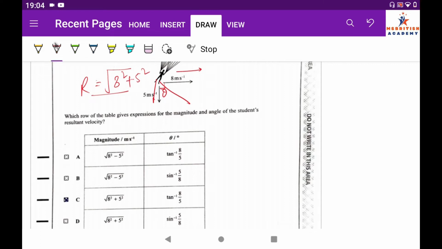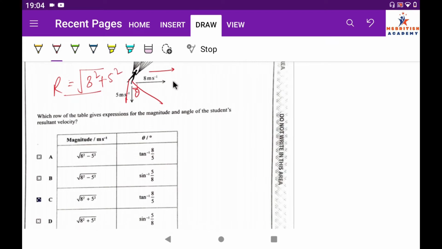This is our resultant, and for direction we can use tan theta. Tan theta is going to be 8 by 5. From here theta is going to be tan inverse of 8 by 5. So the resultant is this, and from here our correct answer is C.